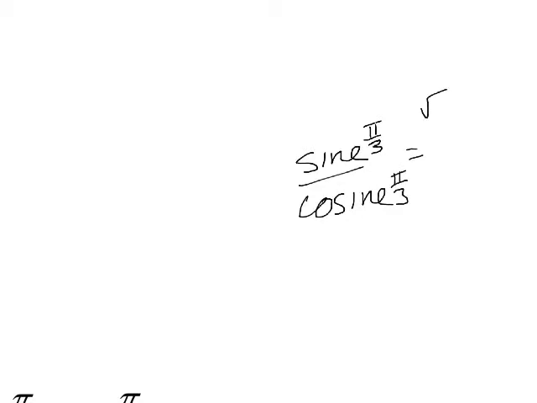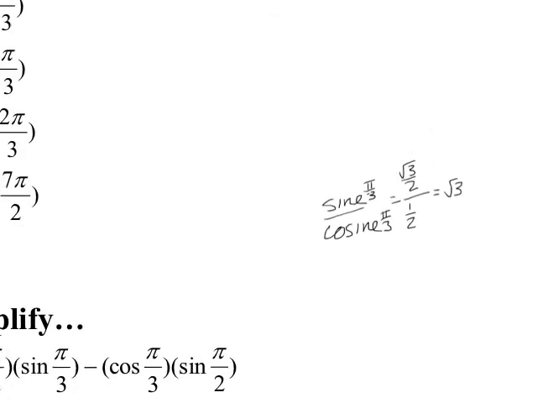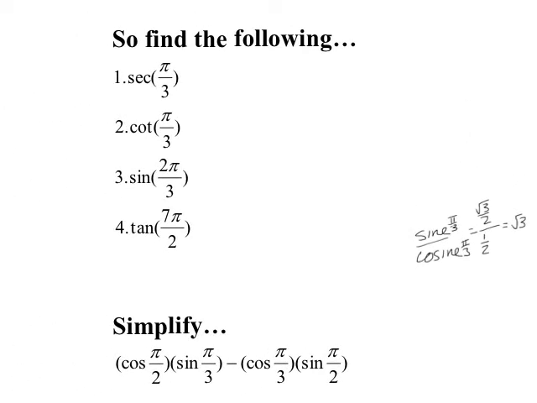So that's root 3 over 2 over 1/2, which if you simplify becomes root 3. So why do we care? Because cotangent is equal to 1 over tangent of pi over 3. So therefore it's equal to 1 over root 3, which is root 3 over 3. Just like that.